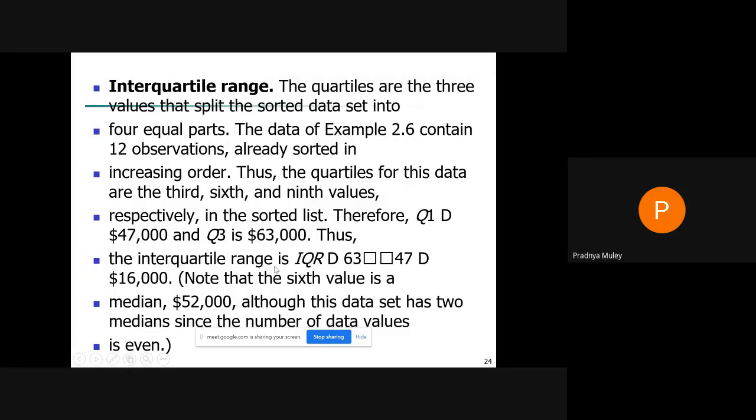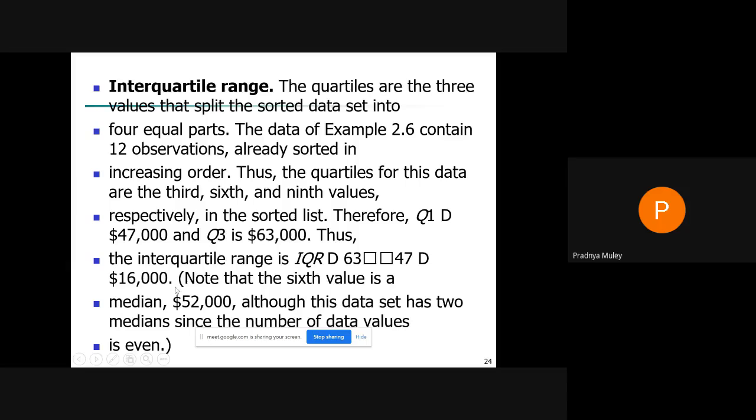Thus, the interquartile range IQR is equal to 63 minus 47, which gives us 16,000. Note that the sixth value is the median, that is 52,000. Although this data set has two medians, since the number of values is even, normally the median is the second quartile. So 52,000 is the median of our data set.